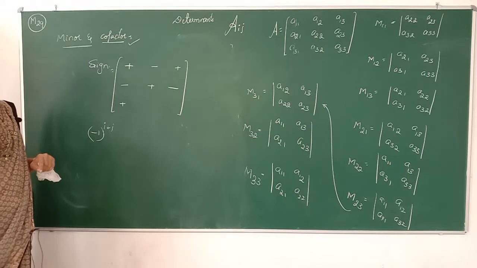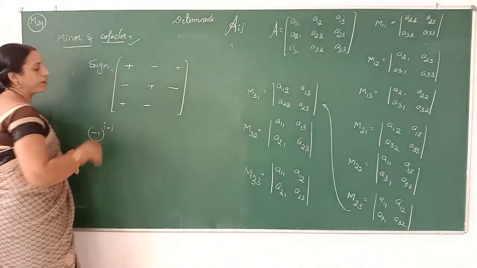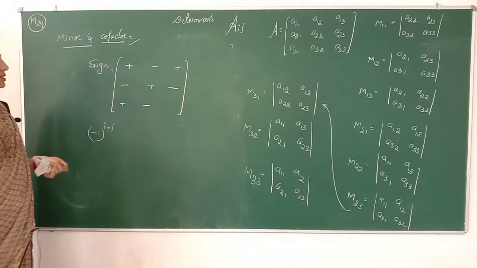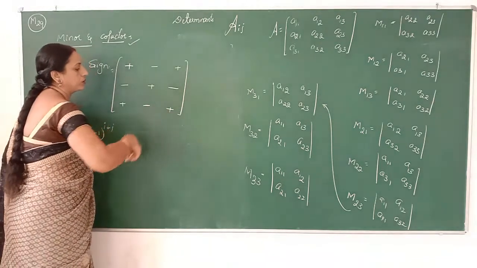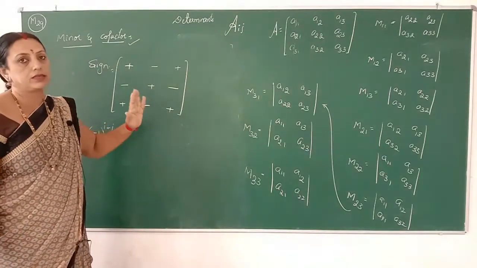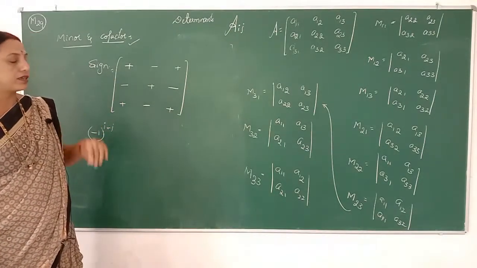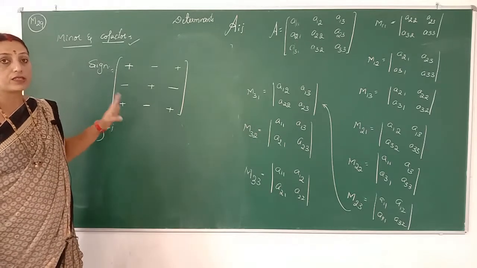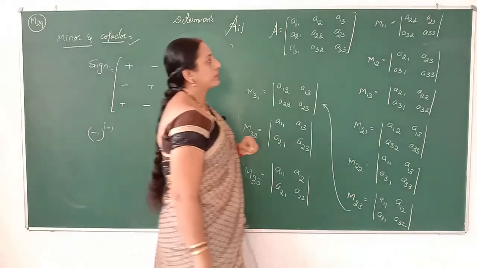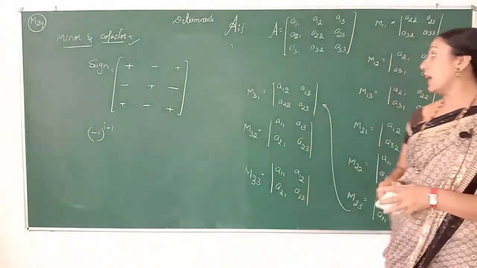A32, 3 plus 2 is 5, negative. And the last one, A33, 3 plus 3 is 6, positive. We already know that these are called the signs of the determinant in 3 cross 3 matrices, as discussed in the first class on determinants. These signs are multiplied with the corresponding minors.